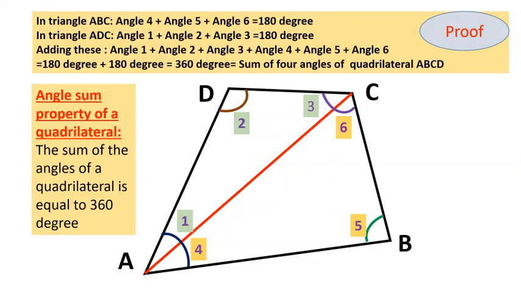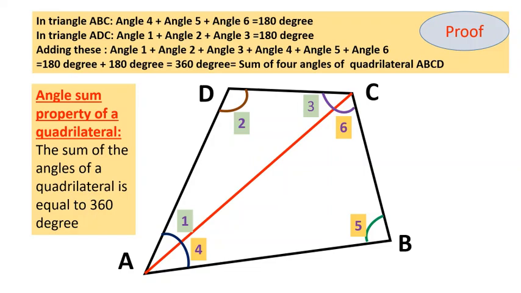Now can you see two triangles? When the diagonal is drawn, the angles of the quadrilateral split themselves into the angles of the two triangles. So angle 1 and 2 and 3, they are the angles of the triangle ADC. Right? You have studied in your lower classes.